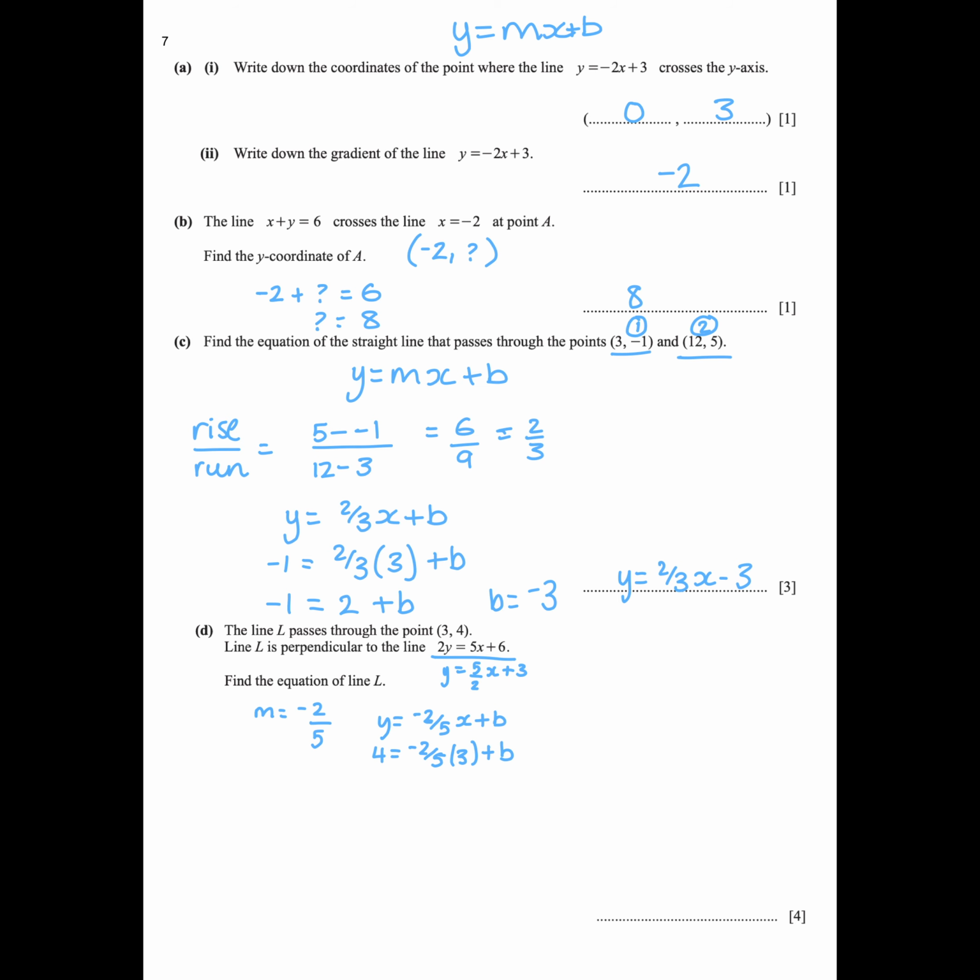That would be fine. And b gives me 26 over 5. And therefore my final equation there is going to be y equals minus 2/5 of x plus the 26 over 5 that we got for b.